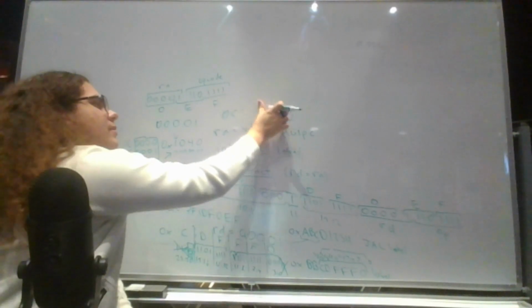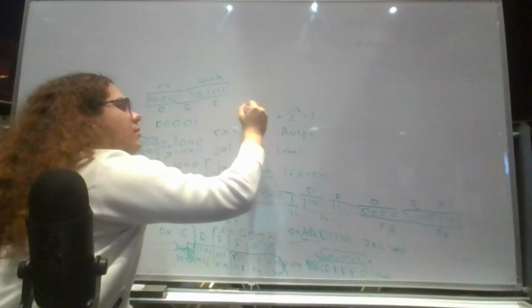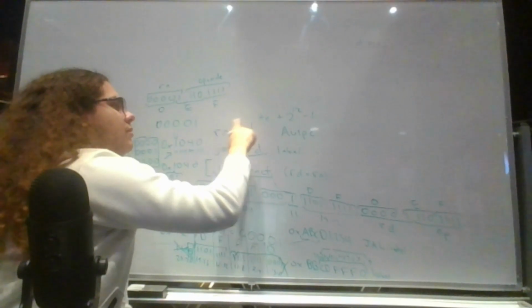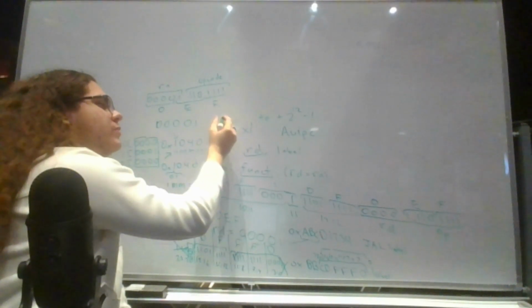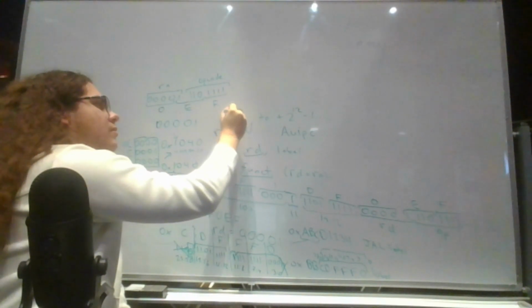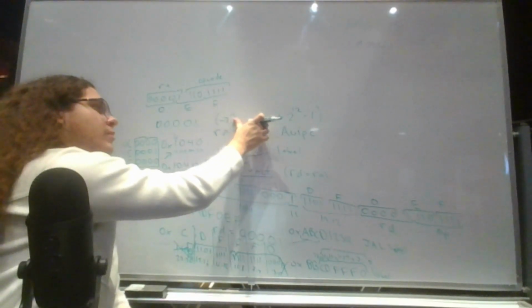Oh, that's right. Yeah. 2 to the 12 minus 1. That's your topmost bound, and then your bottommost bound is negative 2 to the 12. So that's the range of values that you can encode because it's 2's complement.